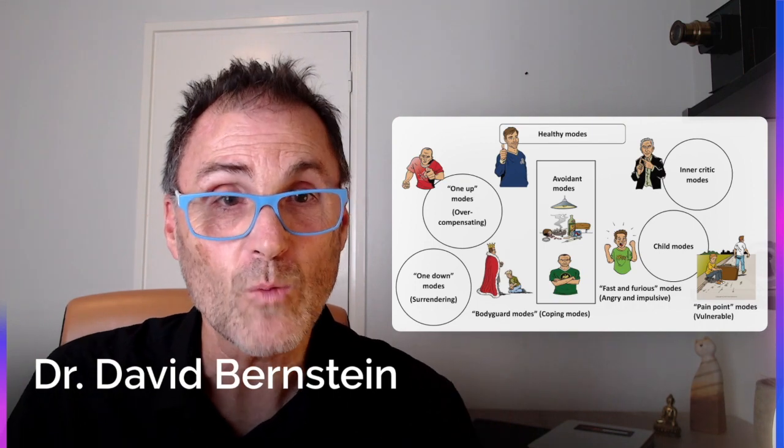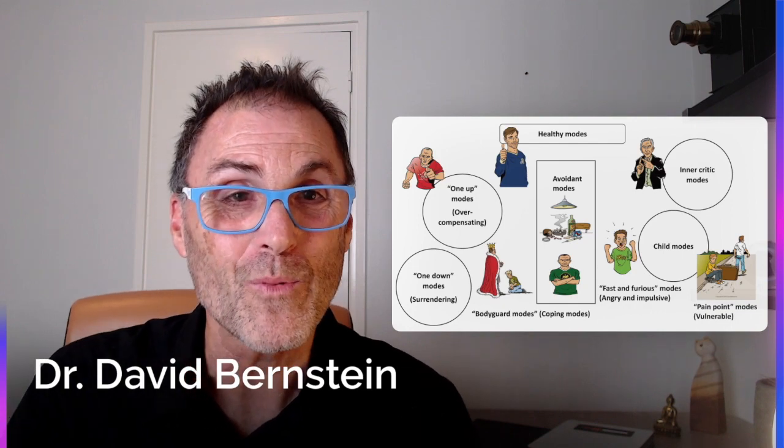And then he feels terribly guilty, and you see his inner critic mode, the critical parent mode, on the upper right. And then he takes the one-down position. You see there on the lower left that he goes into a compliant surrender mode and tries to please her. And finally he moves to that lower middle position, where he's again in an avoidant coping mode, a kind of bodyguard mode, the angry protector mode.